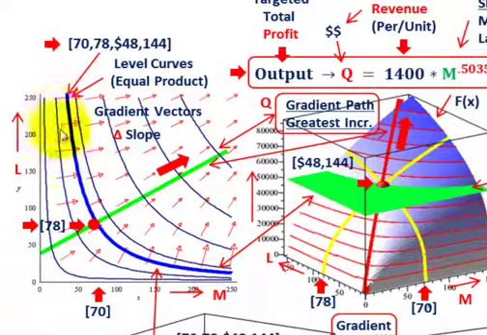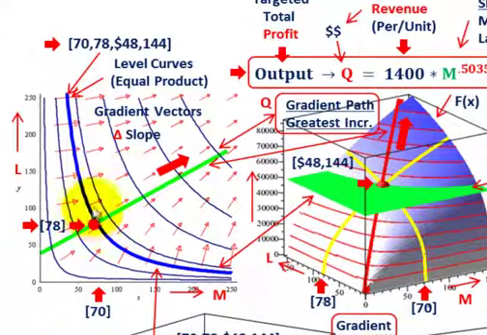So just remember this blue line here, that's our level curve or equal product curve. Regardless of whether you have a lesser degree of material and more labor, you're going to come up with the same output if you follow along this curve.